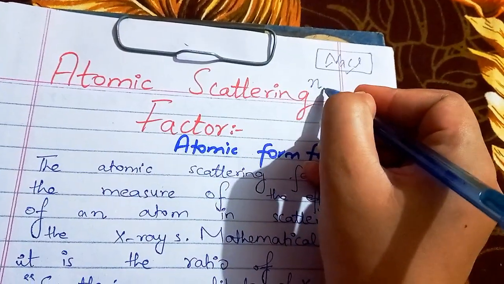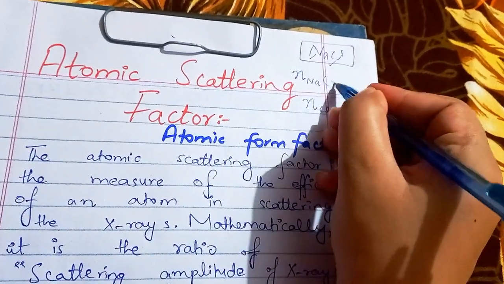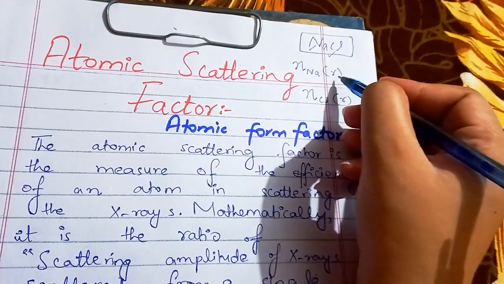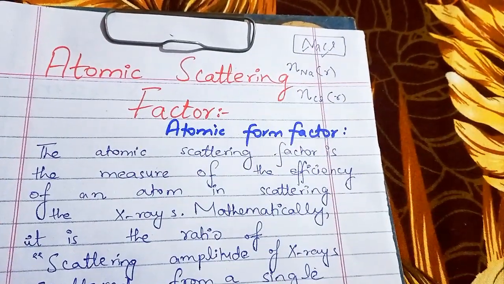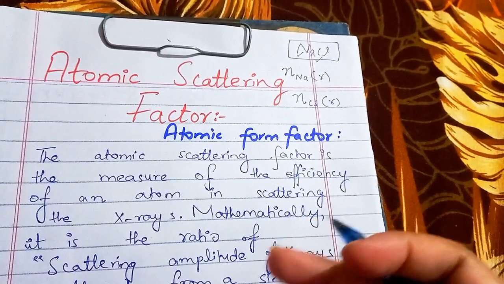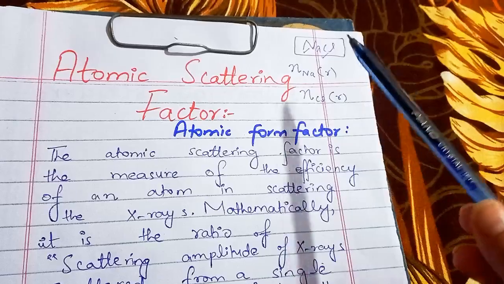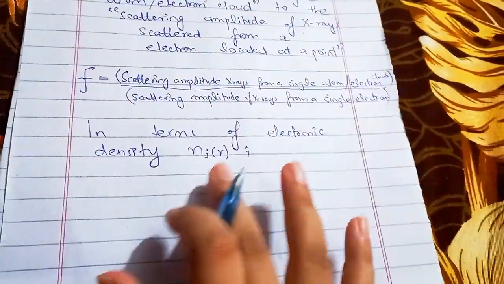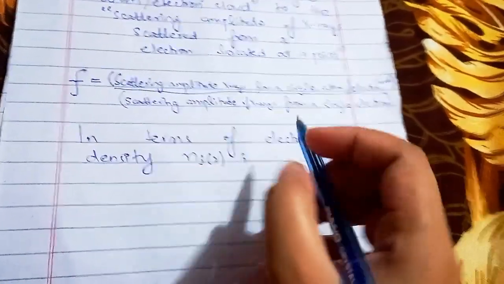So electronic density of sodium, electronic density of chlorine would be different of R. So J represents which atom you are considering. Okay, R is the radial vector, since it's an electronic cloud which is having approximately a spherical distribution, spherical symmetry. That is why we are using R in spherical coordinates or in Cartesian coordinates, whatever the coordinate system is being considered. In terms of electronic density, it's Nj of R.